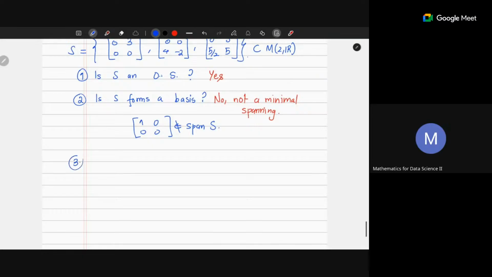So now we are adding 1, 0, 0, 0 to S. Does S form a basis now?